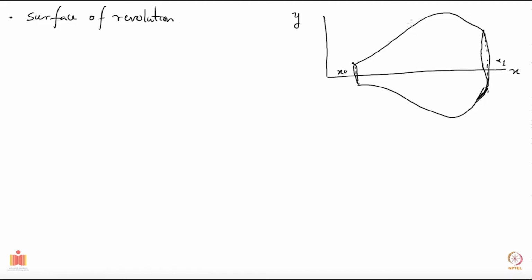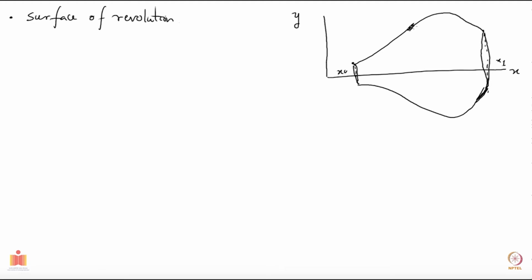But anyway, you can ask, what is the area of this surface of revolution of this curve? Whatever shape, pot kind of thing you are looking at, what's the area of the surface of this pot? Let's find out.